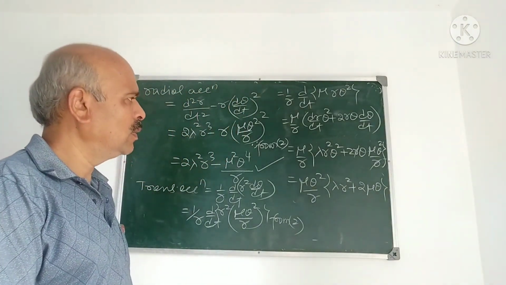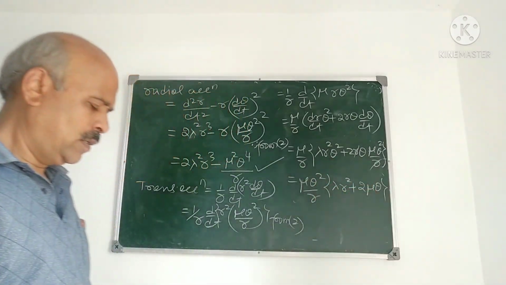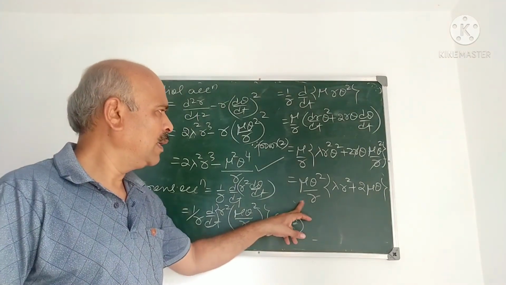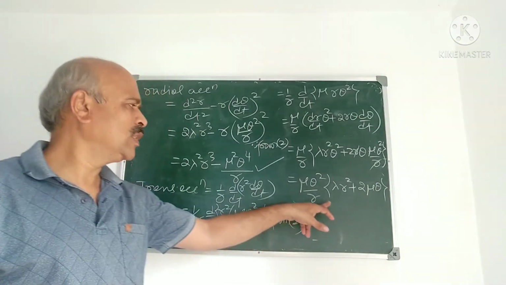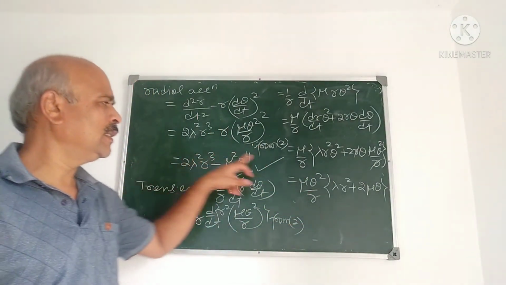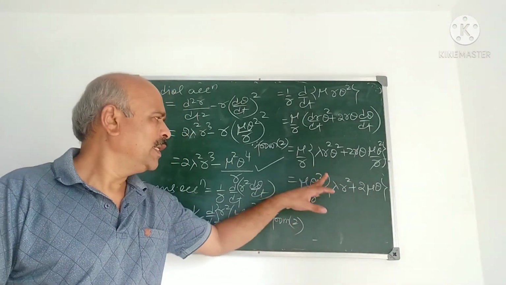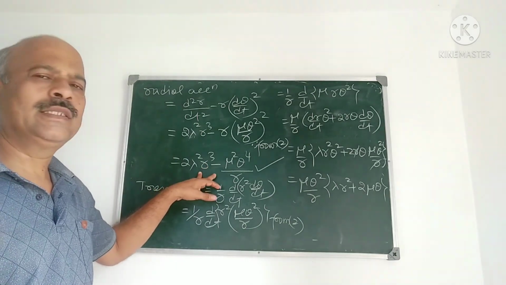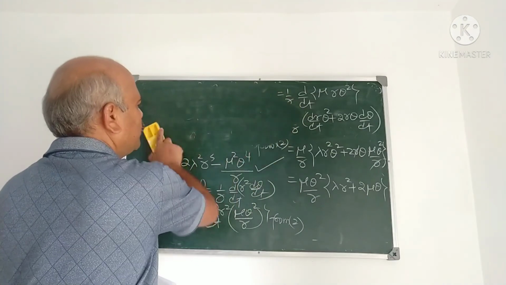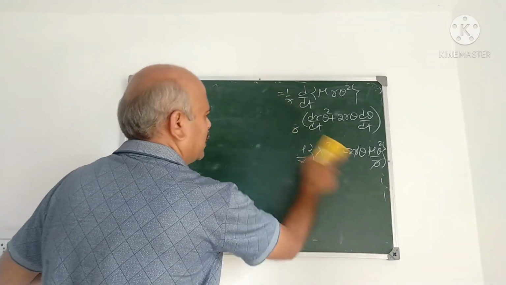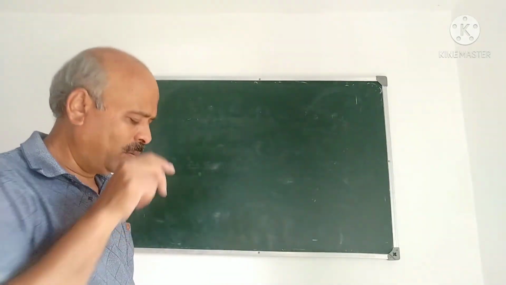So mu theta square by r into lambda r square plus 2 mu theta. What is this? Transverse acceleration. Go through this simplification, is it correct? Verify this. This is transverse acceleration and this is radial acceleration. This is the second type of problem. I think all of you followed this simple, straightforward problem.